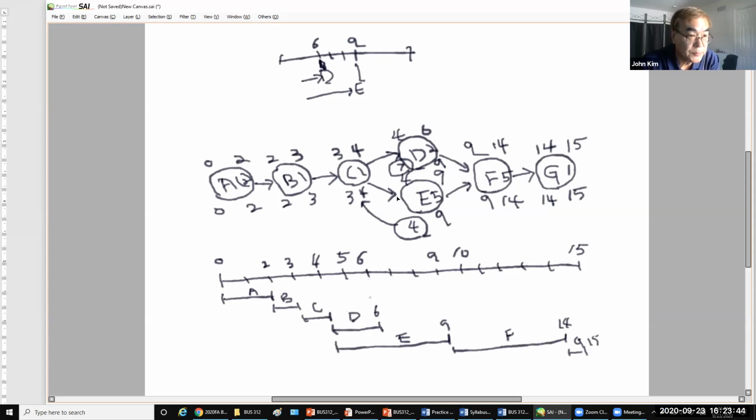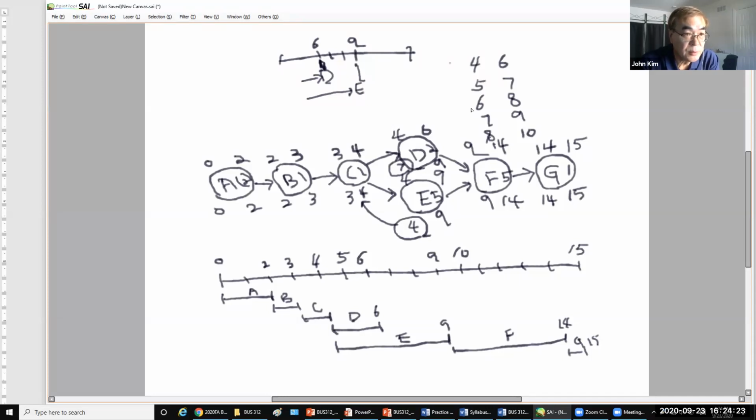Activity D. If activity D starts at 4 and uses 2, it finishes at 6. If activity D starts in the 5th week, it finishes at 7, and starting at 6 it finishes at 8, and at 7 it finishes at 9. If it starts at 8 and finishes at 10, it is not feasible.